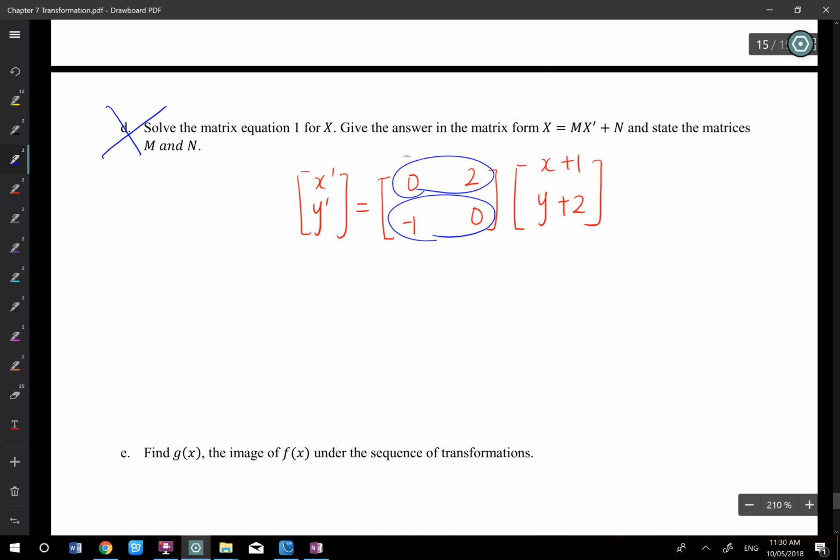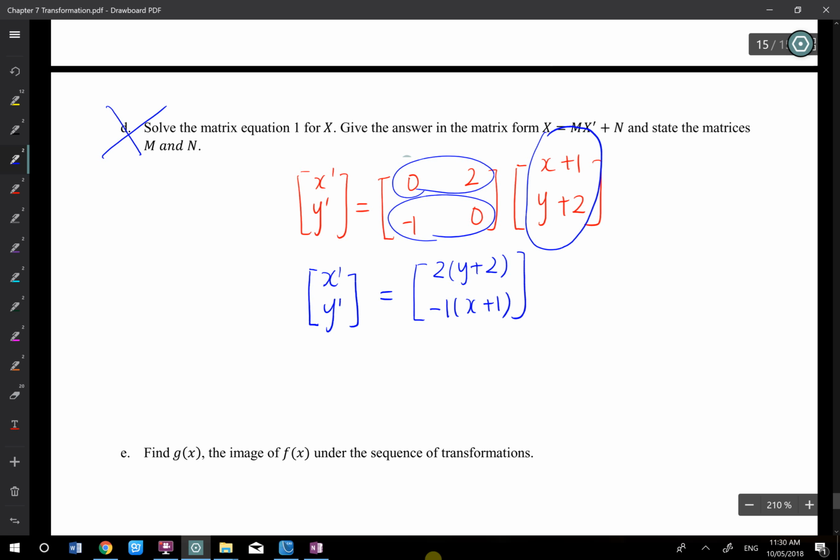Then row, and that's one column. So x dash y dash equals 2y plus 2 and minus x plus 1. So x dash equals 2y plus 2 and y dash equals minus x plus 1. Can you see that's exactly the same thing as what we get from part A?